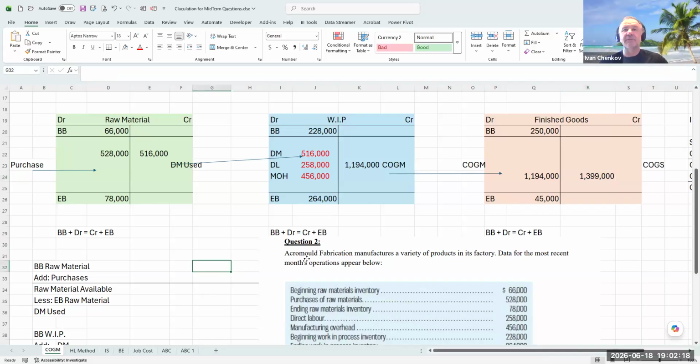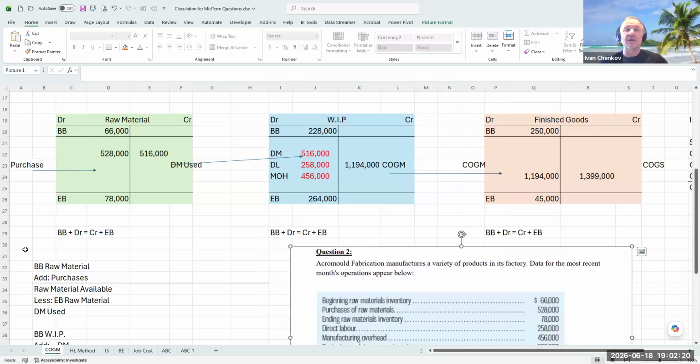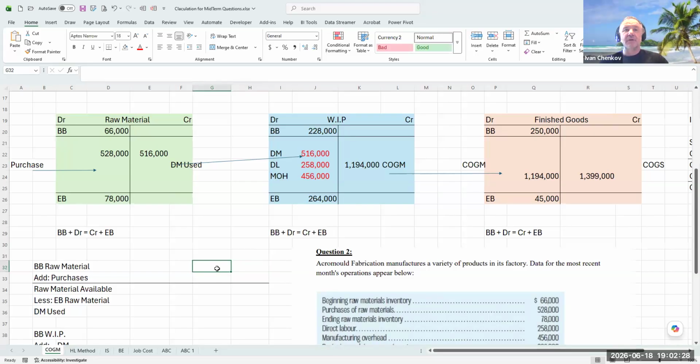Now let's put this information from the T accounts into this calculation chart, which again is coming from the T accounts. So for the raw material, what we're going to do? We're going to get the raw material beginning balance, which is 66,000. We're going to add the purchases, 528.